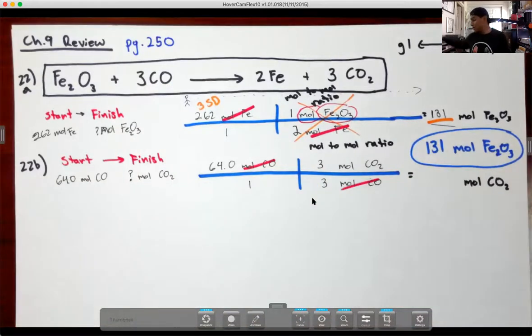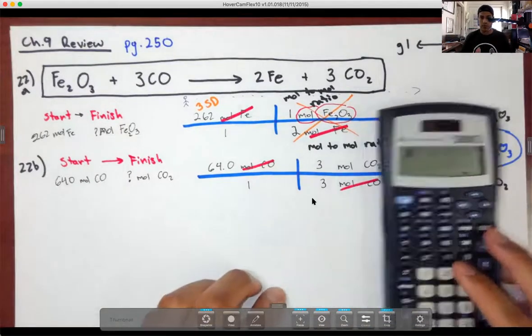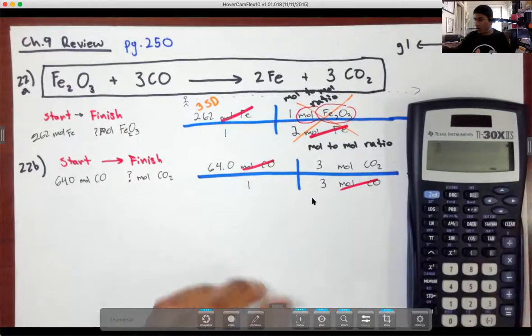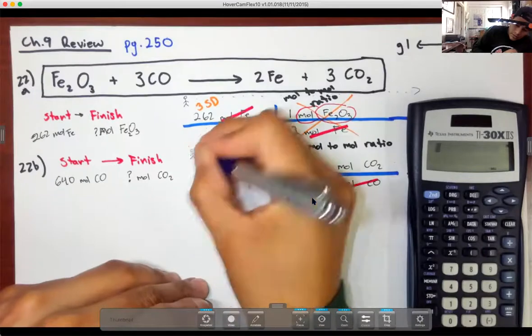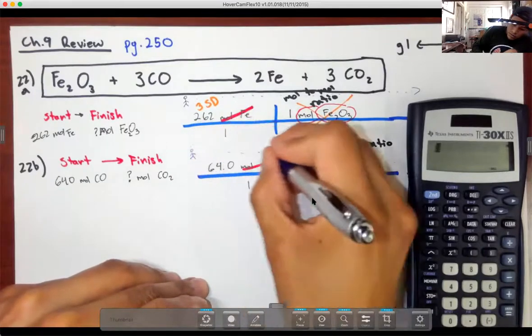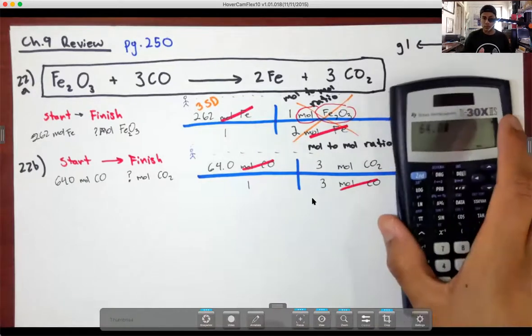Now what's the next step? We know that we're going to finish with moles of CO2, so what do we have to do? Walk along the bridge, cancel and multiply, exactly. What's the first thing we run into, Matthew? 64 times 3.